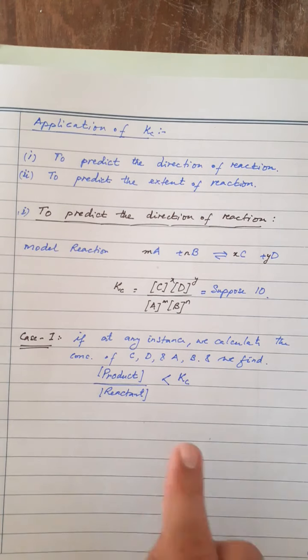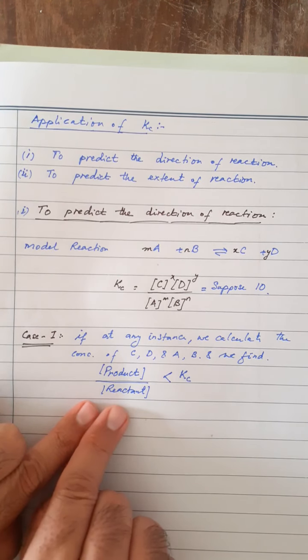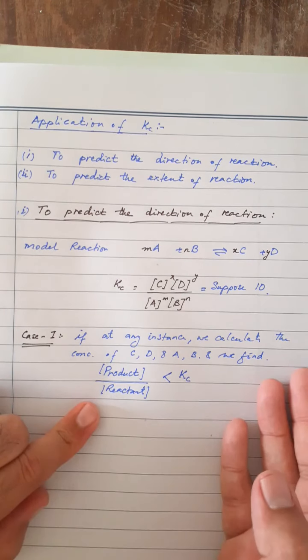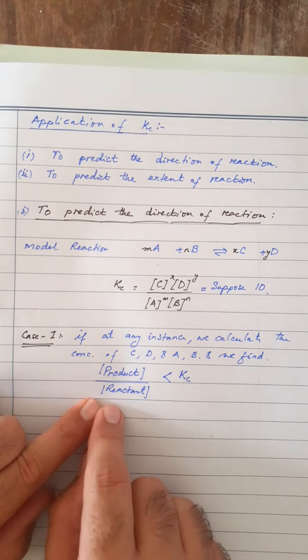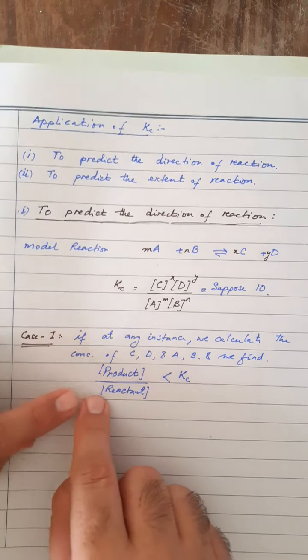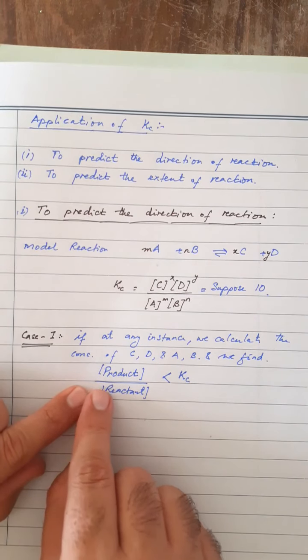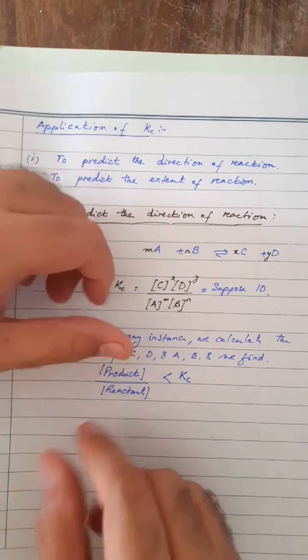Now, if it's 4, then when the reaction goes towards equilibrium, the ratio must become 10. If our value is 4, this ratio of product upon reactant, and you want to make it 10, you need to decrease the lower value and increase the upper value. It's a ratio, right?